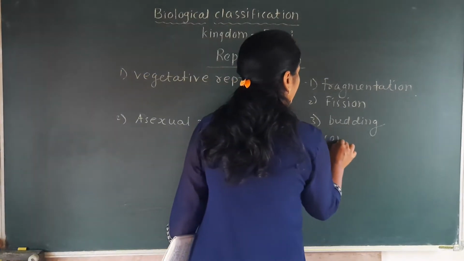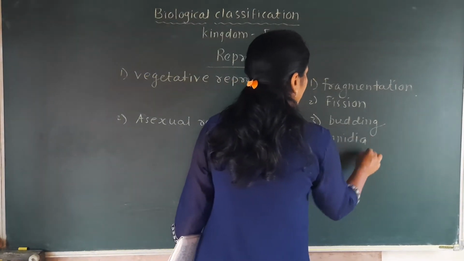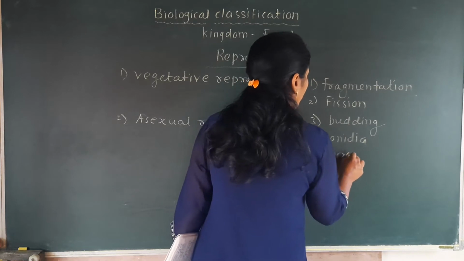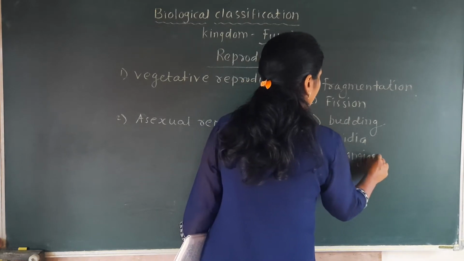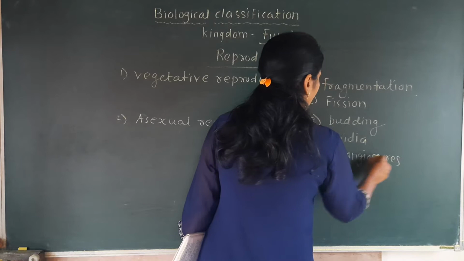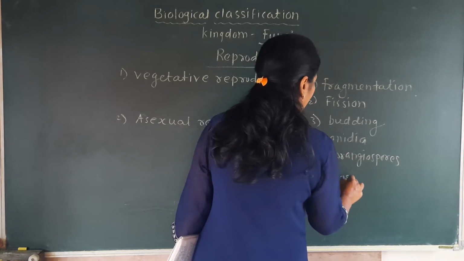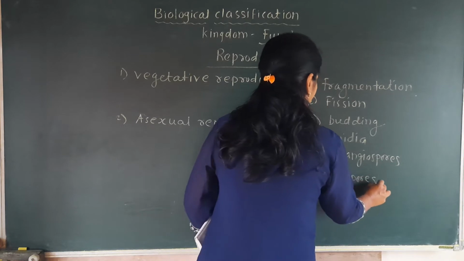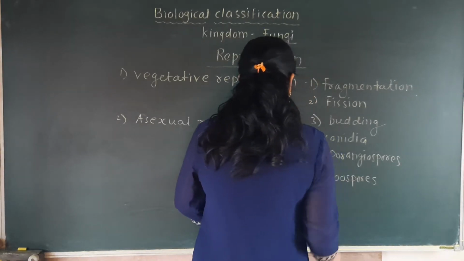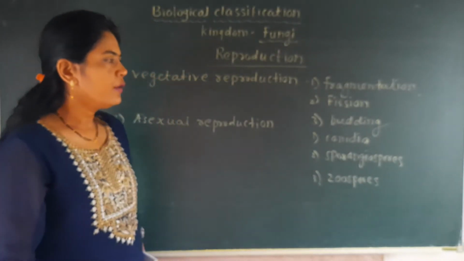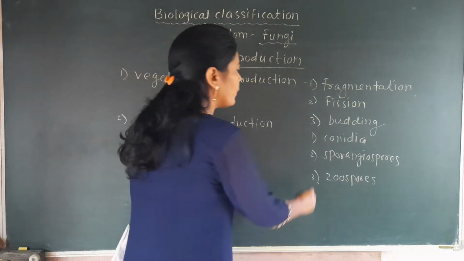One type of spore is called conidia. The second type is called sporangiospores. And the third type is called zoospores. So these are the three types of spores.